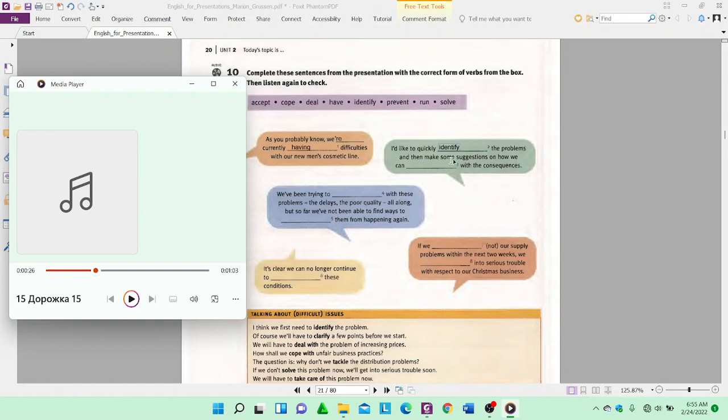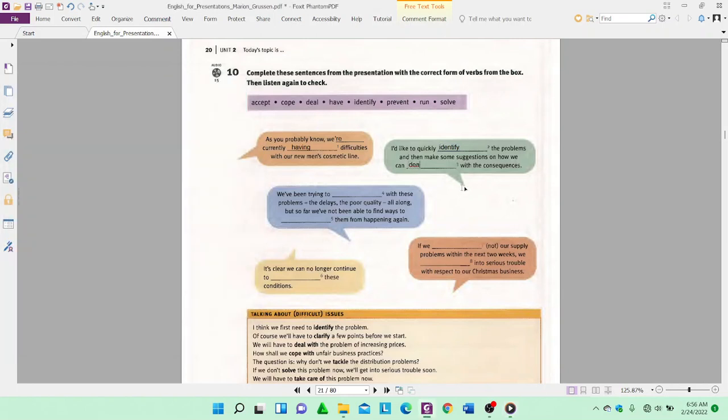Maksudnya deal nih apa nih? Nantilah ya cari artinya. Okay. Jadi itu ya. Selanjutnya, bubble number 3. Apa nih? We've been trying to.